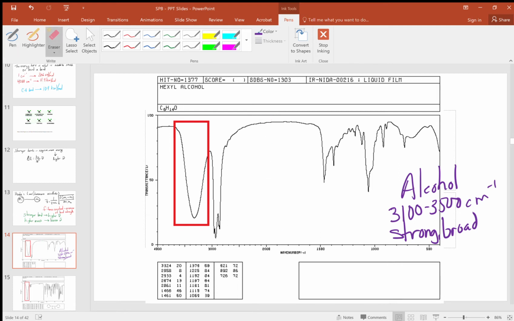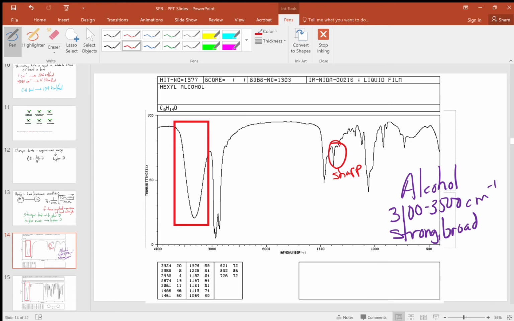We also talk about broad versus sharp. So you can see the peak that I've got outlined in red there would be an example of a broad peak. A sharp peak would be one more like this, that comes to a much sharper point.